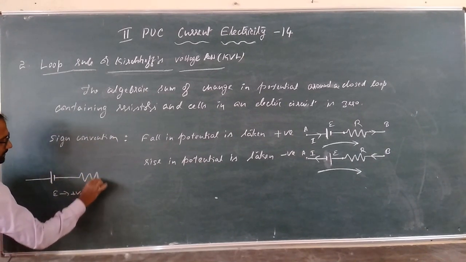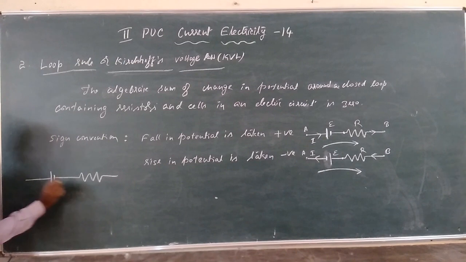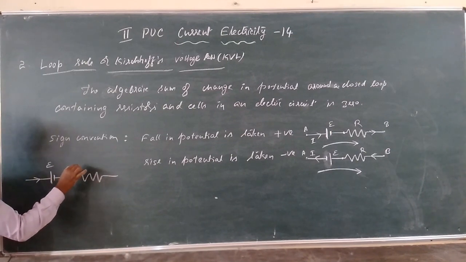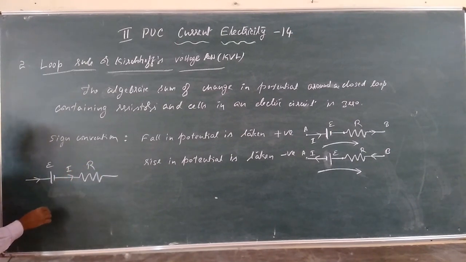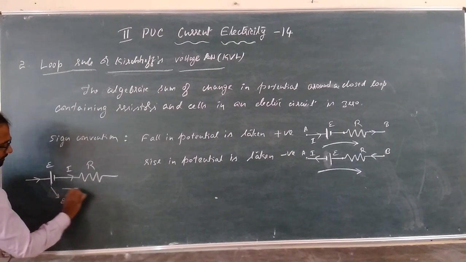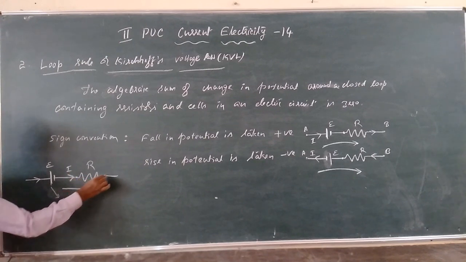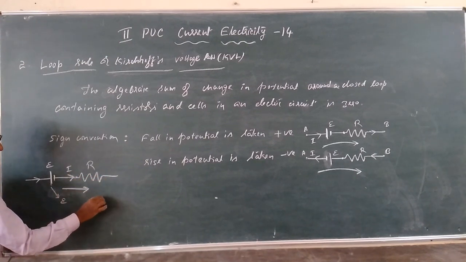Say this is a resistor, this is the direction of current, this is EMF, current is I, this is R. If you first find the positive electrode, take the EMF as positive. If the direction of current is along the direction of traverse, then take the IR product, that is the potential drop across the resistor, as positive.